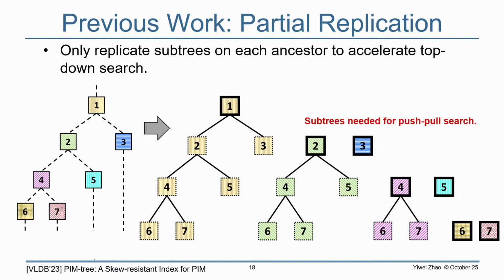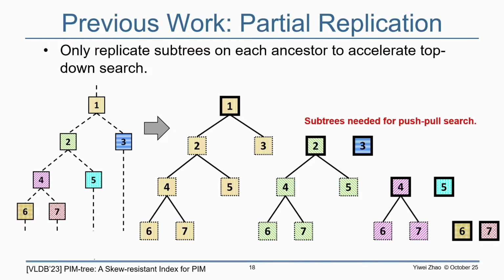So the idea is also to extend the original shadow subtree method, because as you can see, a full replication on the topmost layer supports these bidirectional searches inherently. So we just need to modify the part of the partial replication. In prior work, such as PIM tree, we only replicate the subtree on each ancestor to accelerate top-down searches. For instance, each of the internal nodes only caches its local descendant subtree.